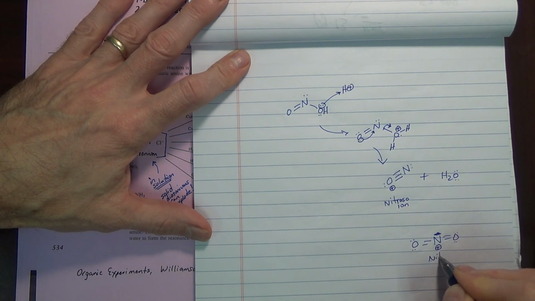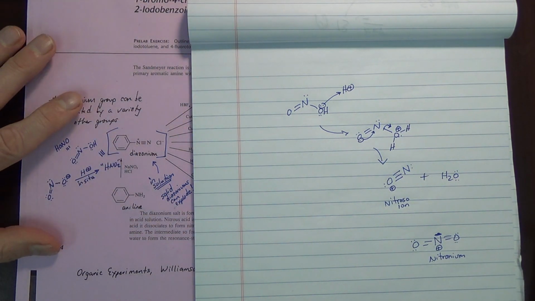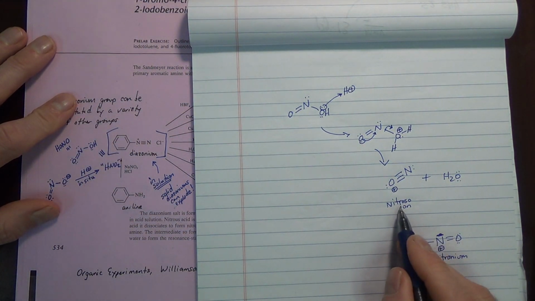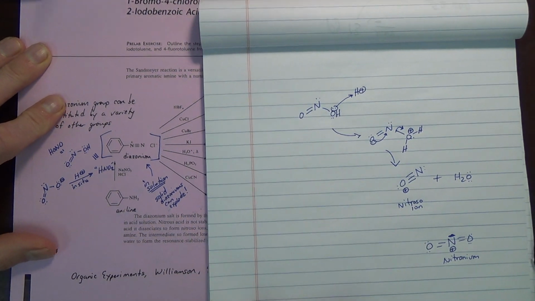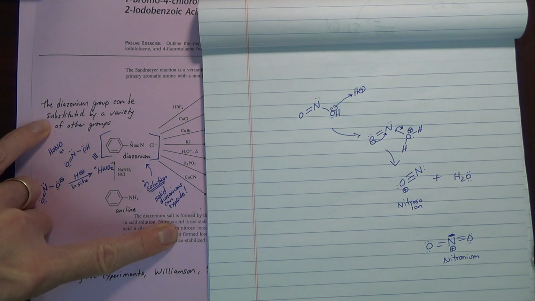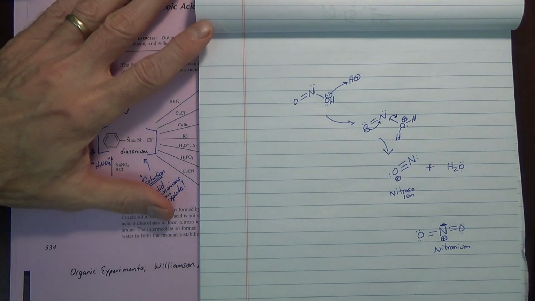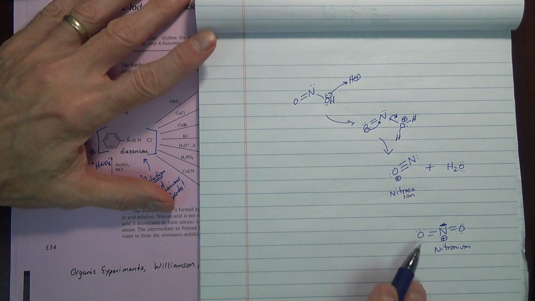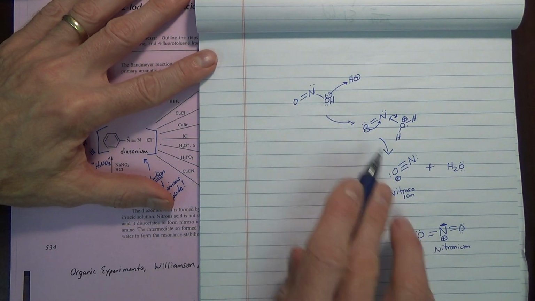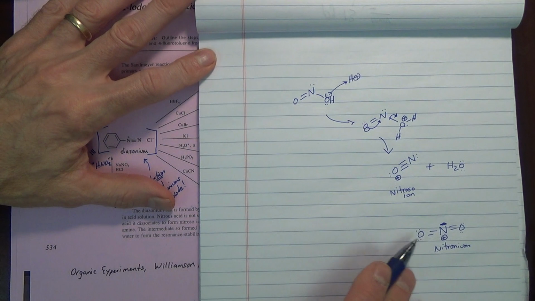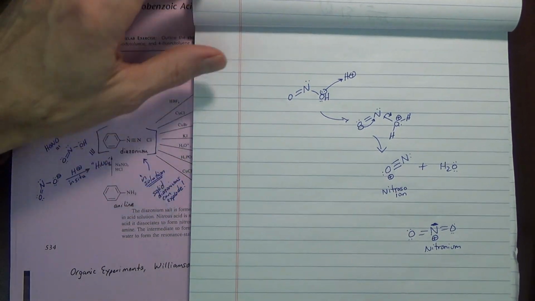We formed the nitronium ion. Sometimes I think this is called a nitrosonium ion. I see in this handout it calls it a nitroso, and that's common also. Okay, but we're dealing with one less oxygen here. All right, but it's very identical to how you form both of these.